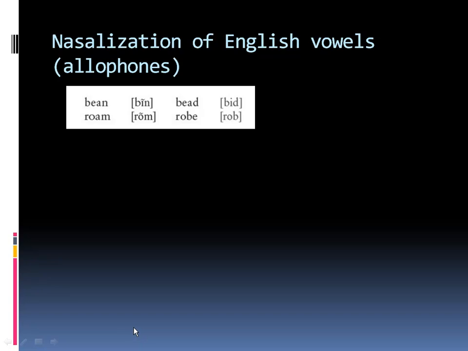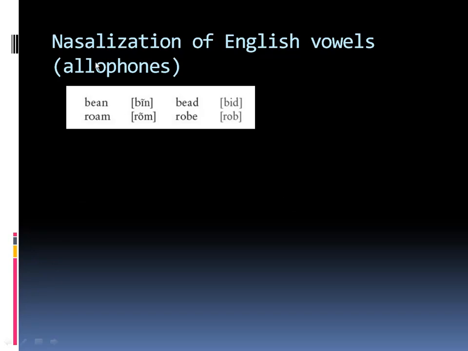Are you thoroughly confused? Okay, let's look at another example here of rule application. It's a little different here. Nasalization of English vowels. With consonants, nasalization is hugely important because what makes the sounds t, d, n different, especially t and n, and d and n, is nasalization.